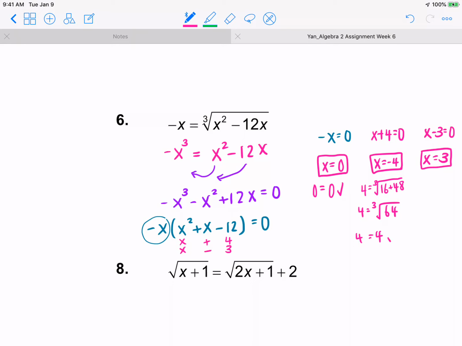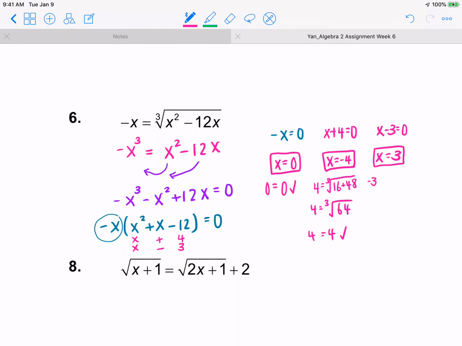Yes, 4 equals 4. Okay, last one, I put 3 in there, I get negative 3 equals the cube root of 9 minus 36. Negative 3 equals the cube root of, what is that, 27? Negative 27? Negative 3 equals negative 3. Check. Okay, so we got all the answers here.